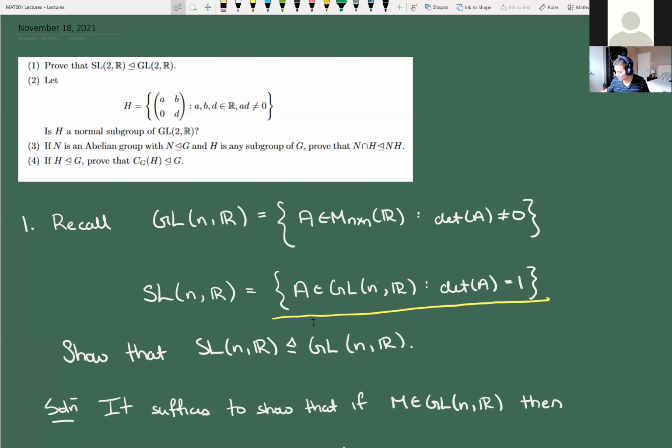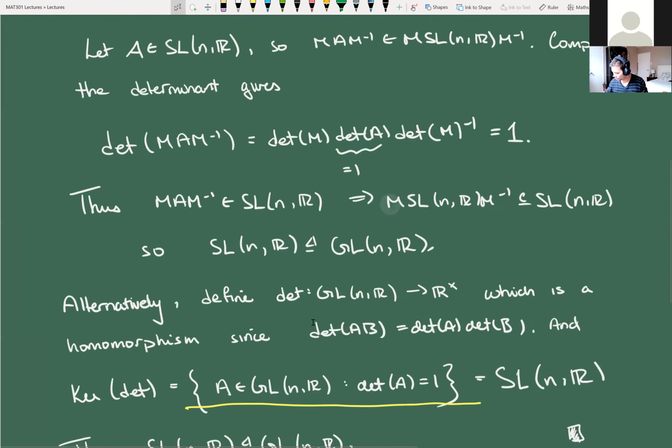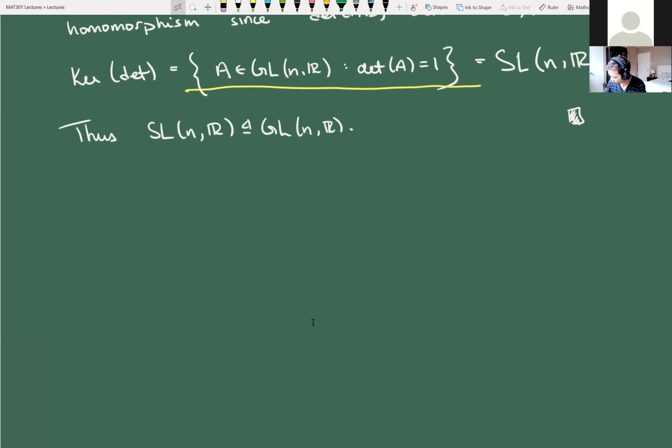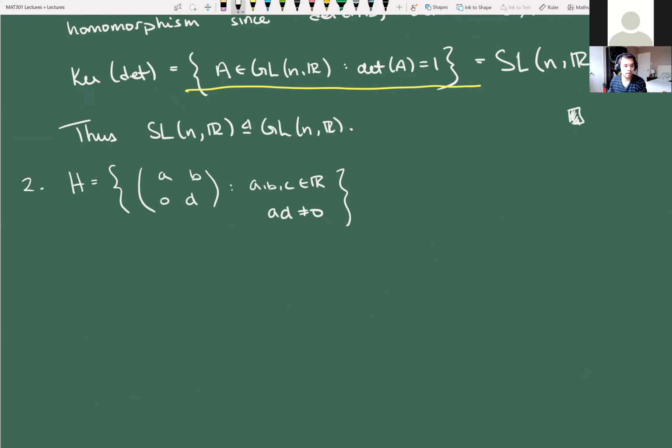Okay, any guesses? Is it normal? Is it not normal? Okay, not normal. If you want to show it's not normal, you just have to give a counterexample.